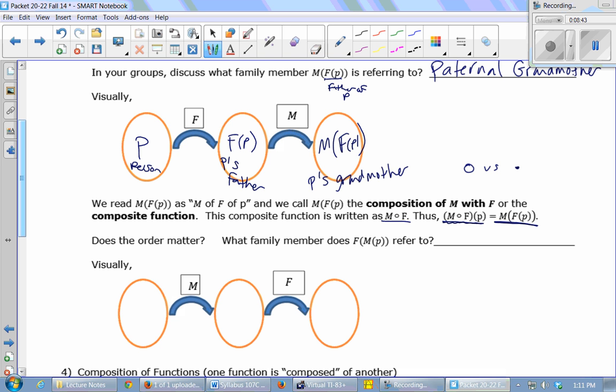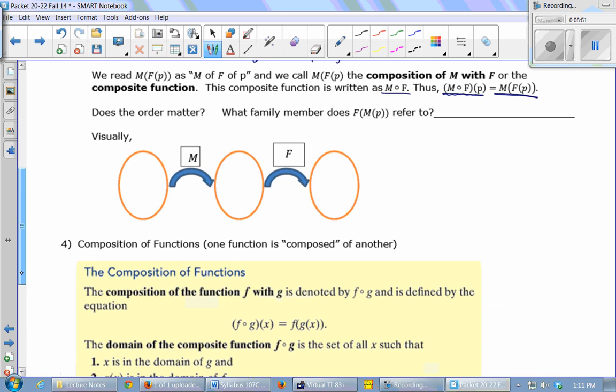Composed with? Is the first term on the outside of the parentheses always the second term? That is a great question.